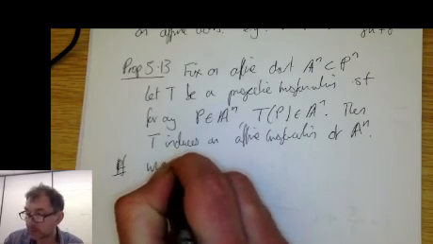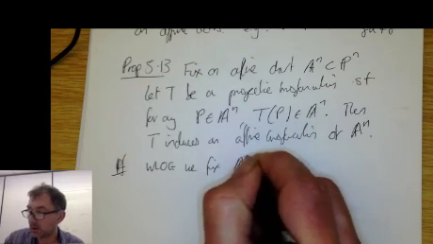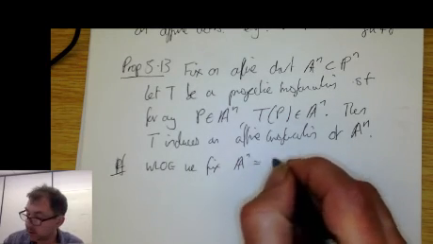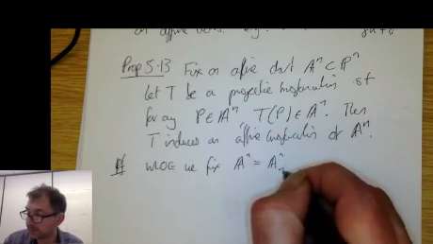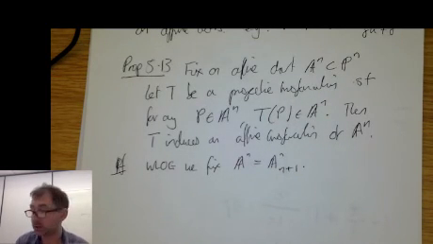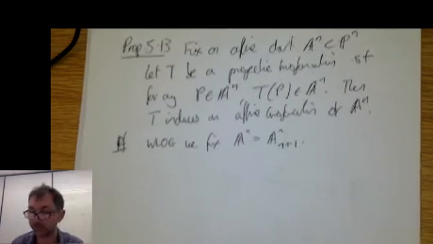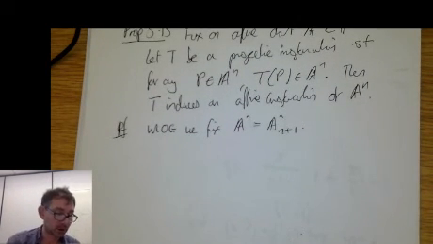So without loss of generality, our affine chart is equal to the last affine chart, which means that the last coordinate is non-zero, and therefore we can divide by it.